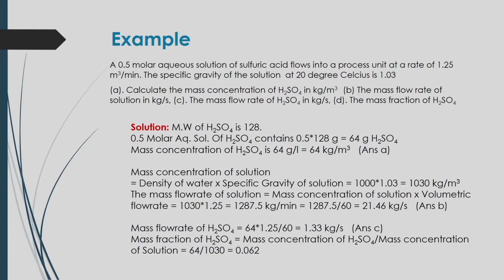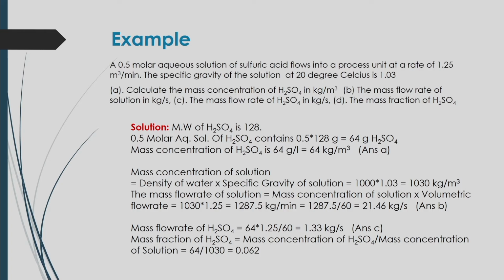Now, in this case you have to calculate the mass concentration of sulfuric acid in kg per meter cube, the mass flow rate of solution in kg per second, the mass flow rate of sulfuric acid in kg per second, and also the mass fraction of sulfuric acid.